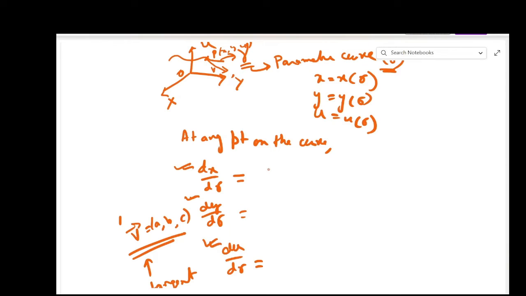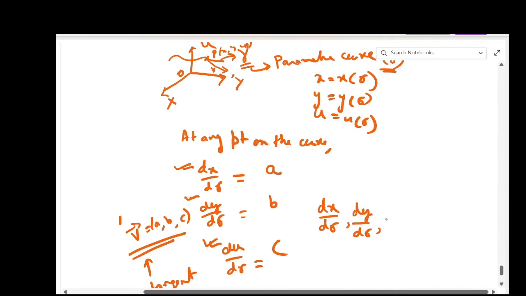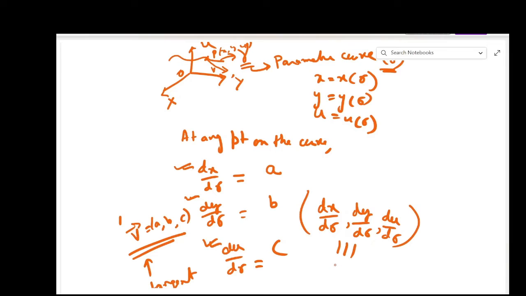So they should be equal to A, B, and C. That means dx/dsigma, dy/dsigma, du/dsigma should be equal to V. This is the direction of the tangent, in differential form, considering the curve gamma.